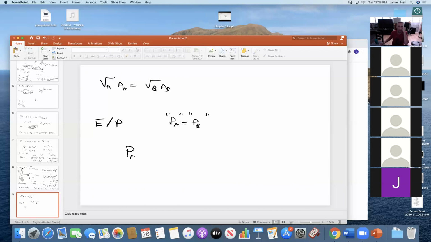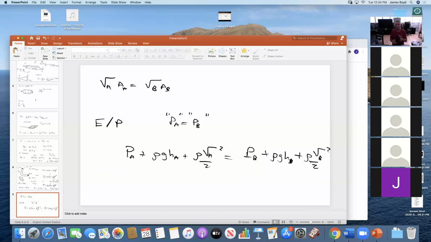So static pressure at A plus gravitational pressure at A plus kinetic pressure at A is equal to static pressure at B, gravitational pressure at B, and kinetic pressure at B.